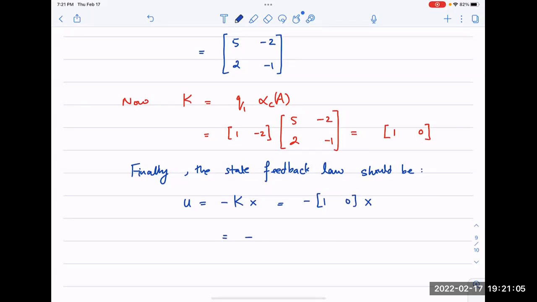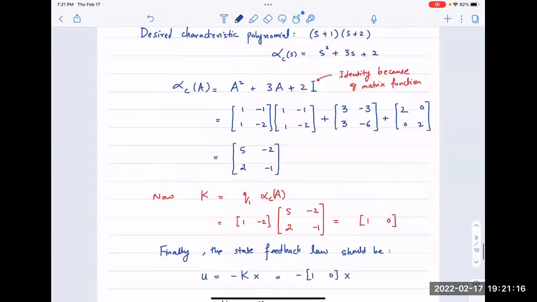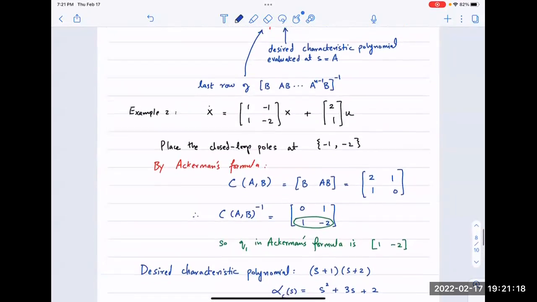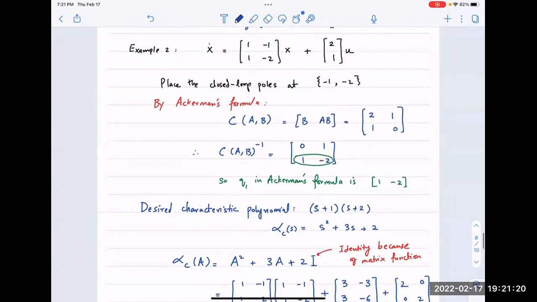So it equals minus x1. Okay, so that's Ackermann's formula, with which you can also find the gain K directly.